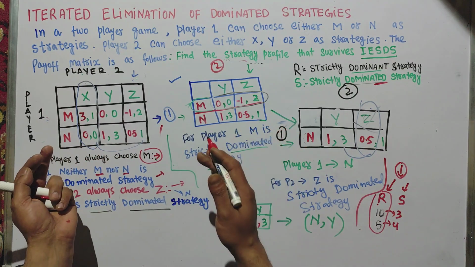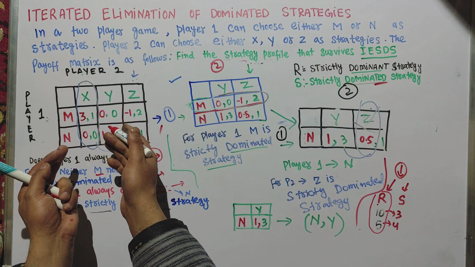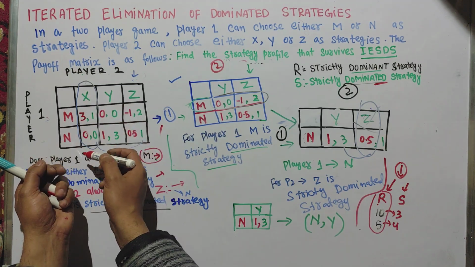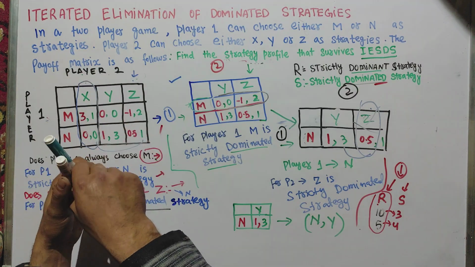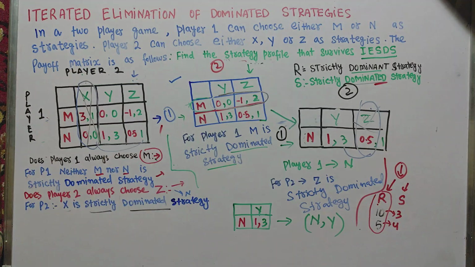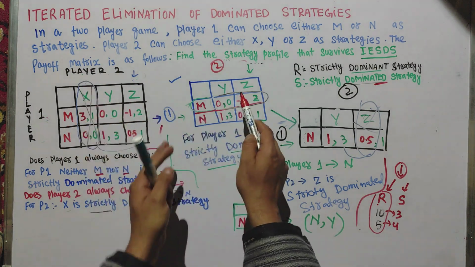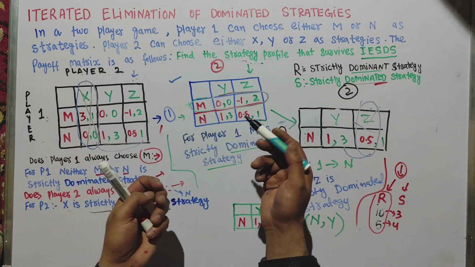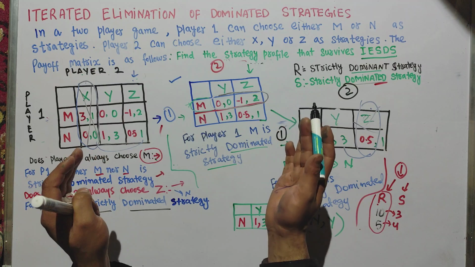So if player 1 knows that player 2 is rational, then player 1 can eliminate X from player 2's strategy space. So we eliminate this column here. Now we rewrite the matrix like this, and again see whether any player has any strictly dominated strategy.